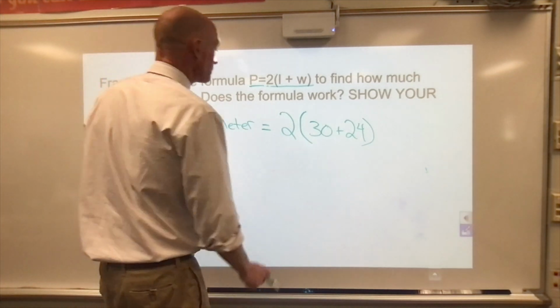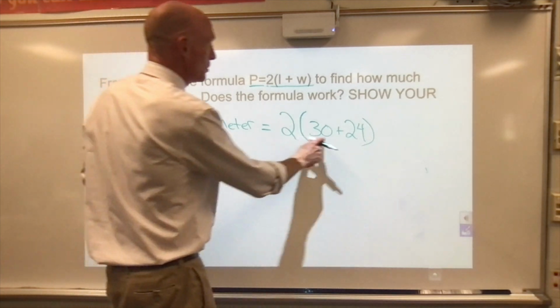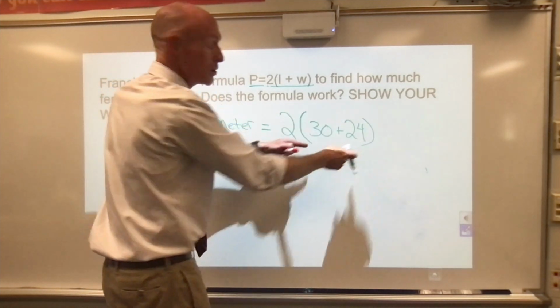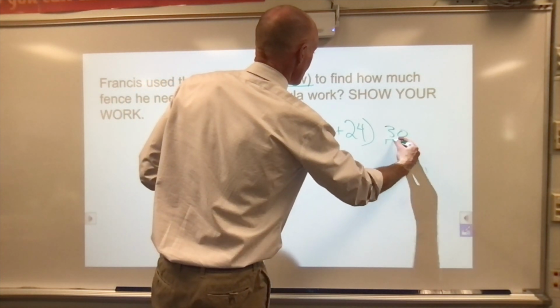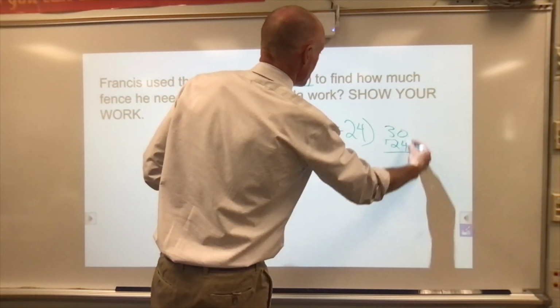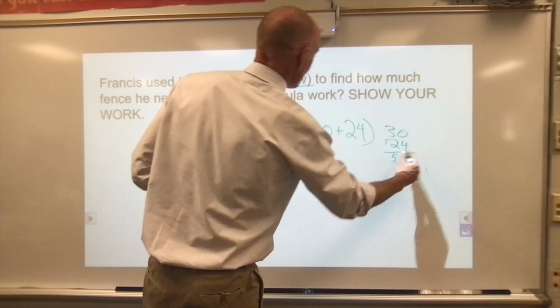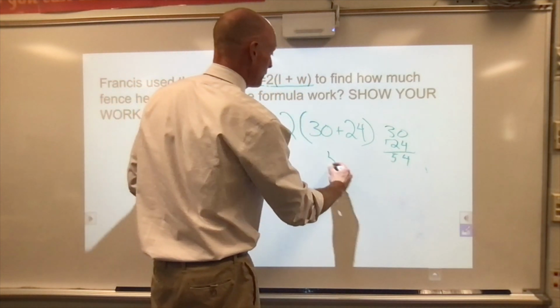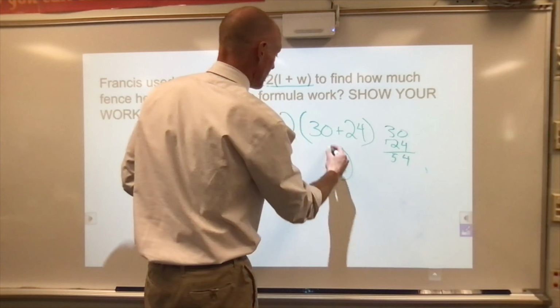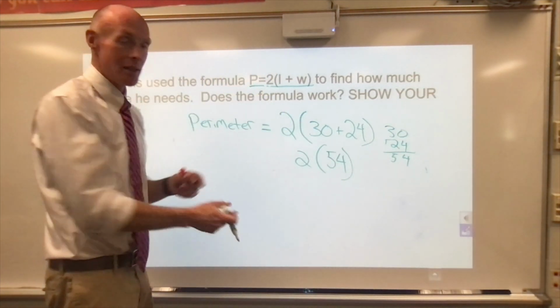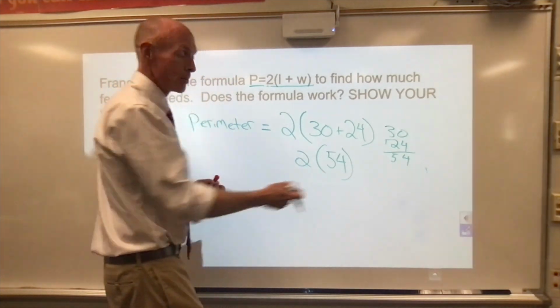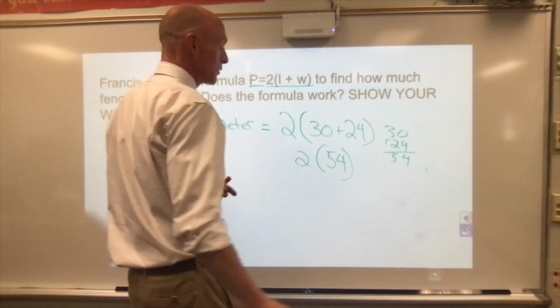Let's see. Perimeter, 2 times 30 plus 24. Remember, we got to do what's in parentheses first. We have to do 30 plus 24. So that would be 4, 5. So now we have 54 times 2. Again, when you have the parentheses and a number outside it just means multiply. So now we have 2 times 54.